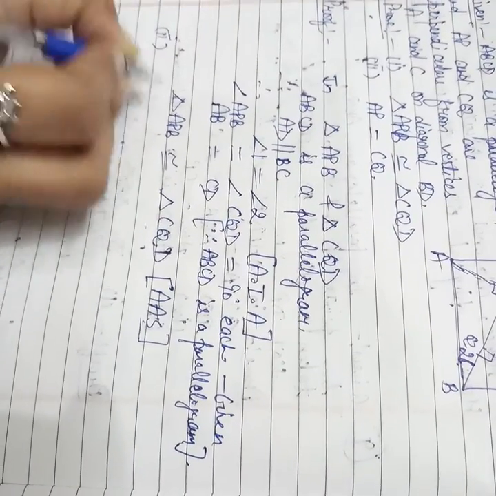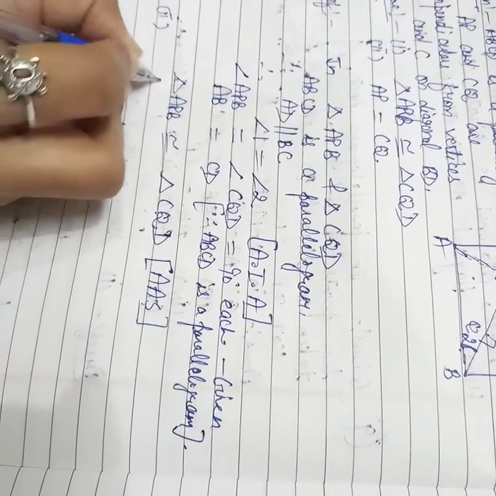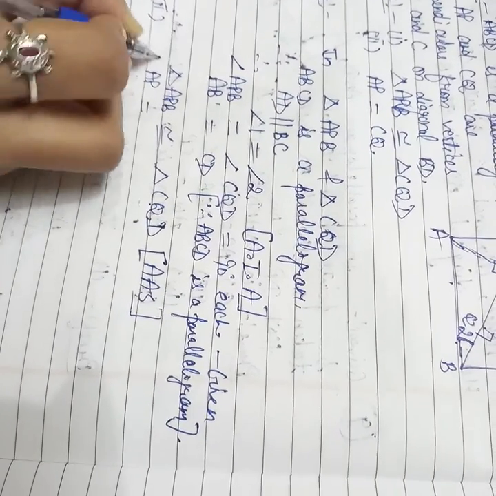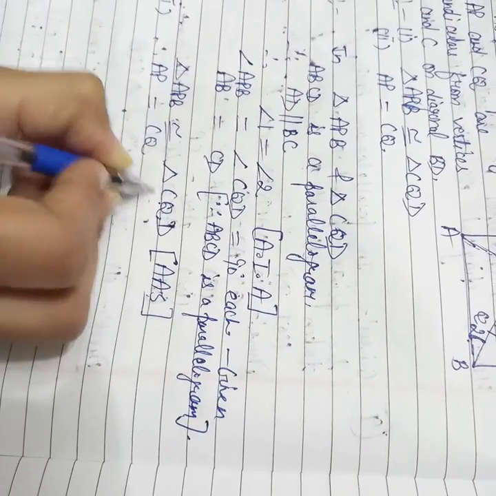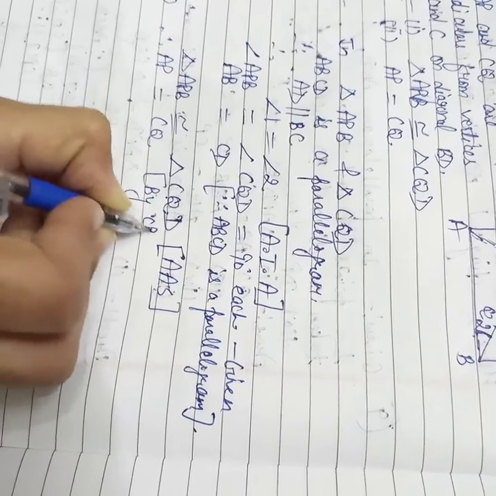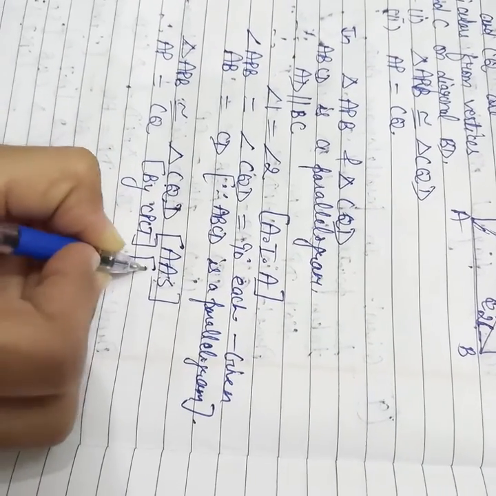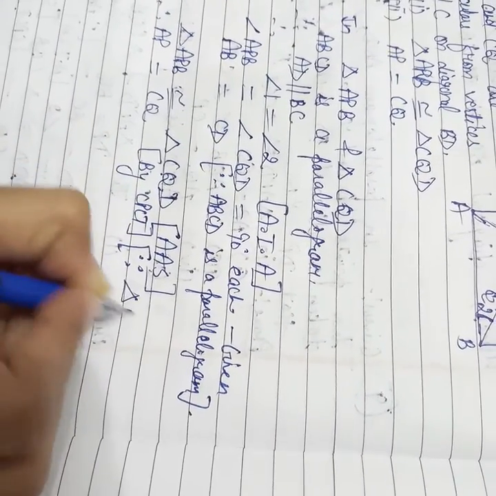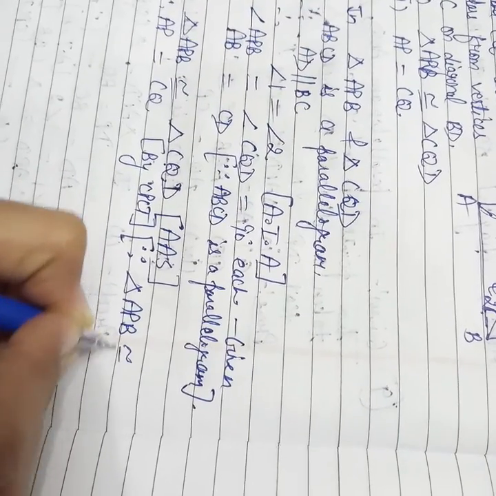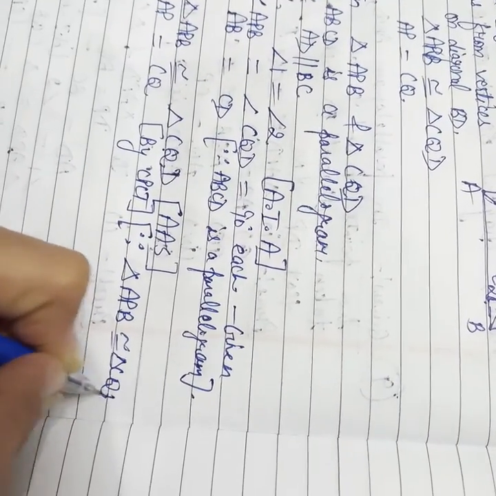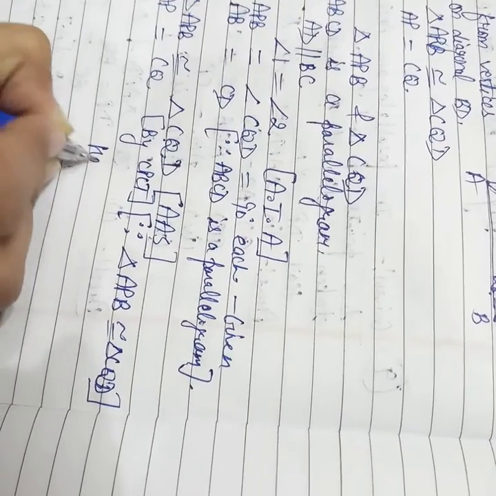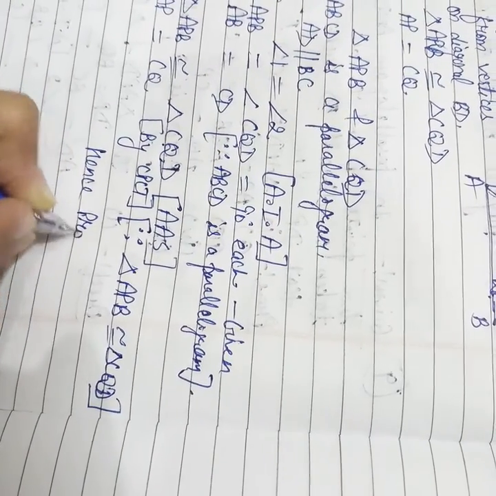And second part, because these two triangles are congruent, therefore AP equals to CQ by CPCT, because triangle APB is congruent to triangle CQD, hence proved.